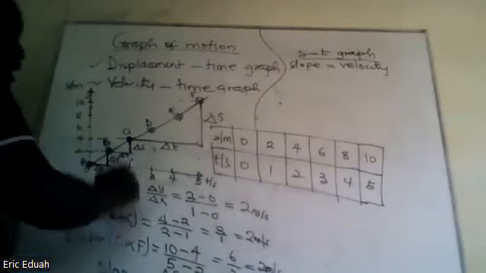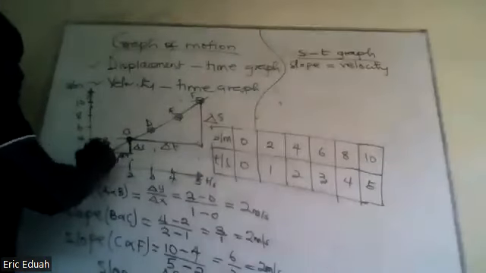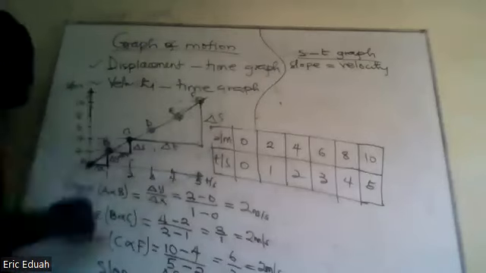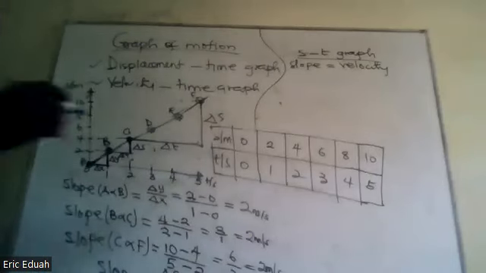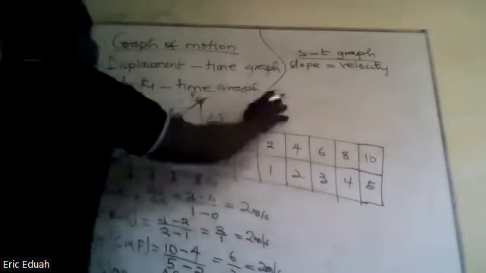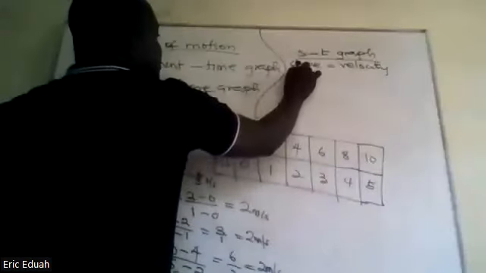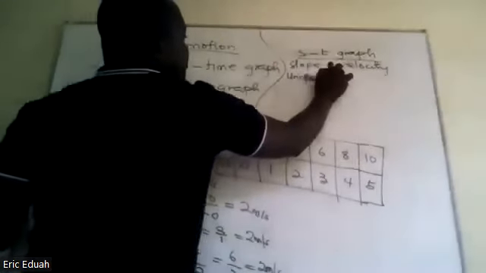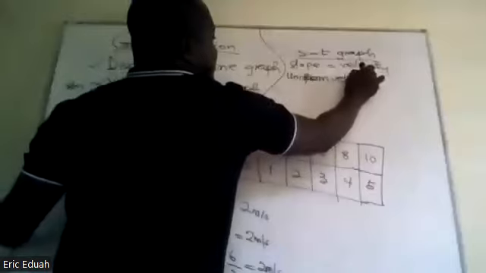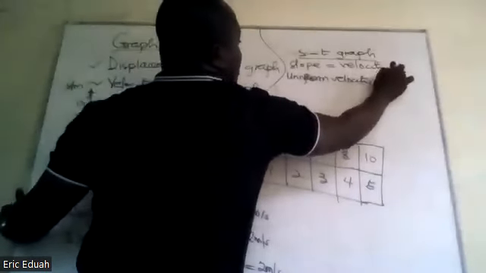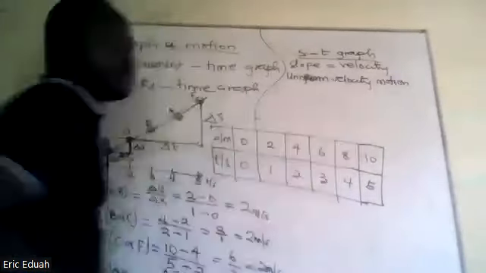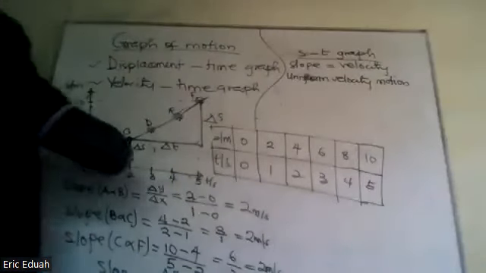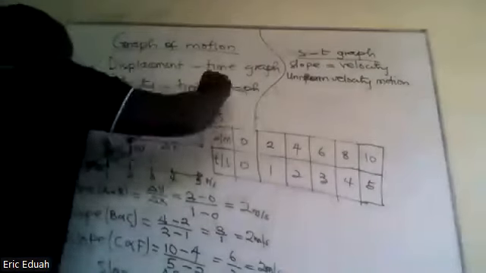And because when we tested, the velocity is uniform, the same along the line or the graph, we say this motion is a uniform velocity motion. Because when we determine the slope, it is the same along the graph or line.